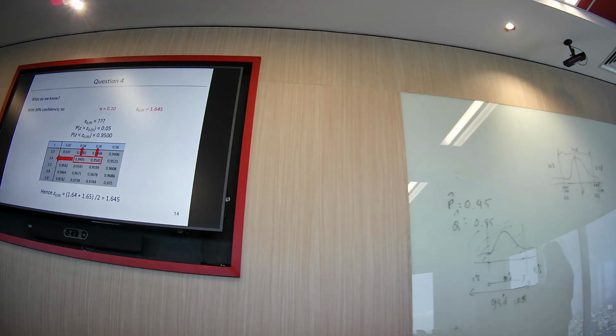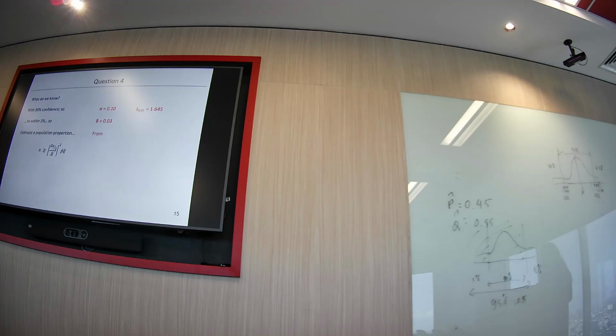So this one you get. Miss, in the question what are we looking for? That one is dealing with the mean, right? This one is dealing with the proportion, so a different formula.